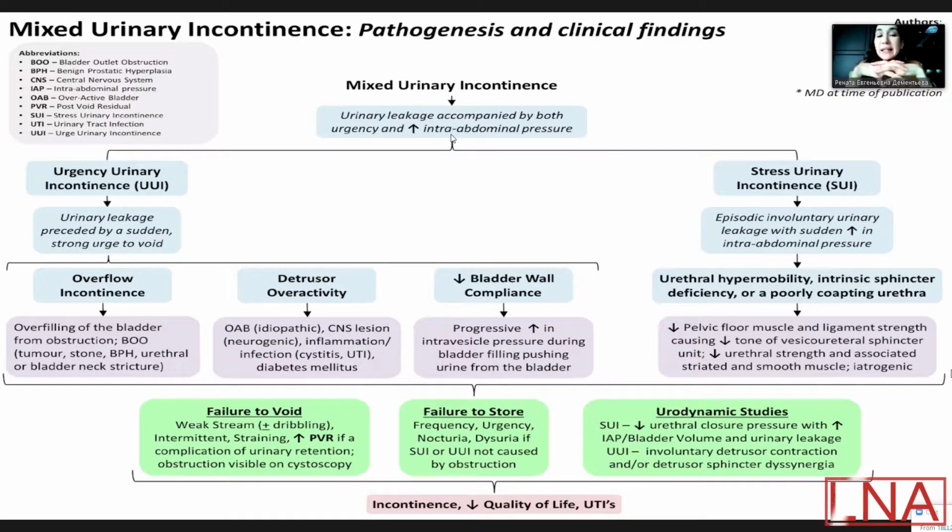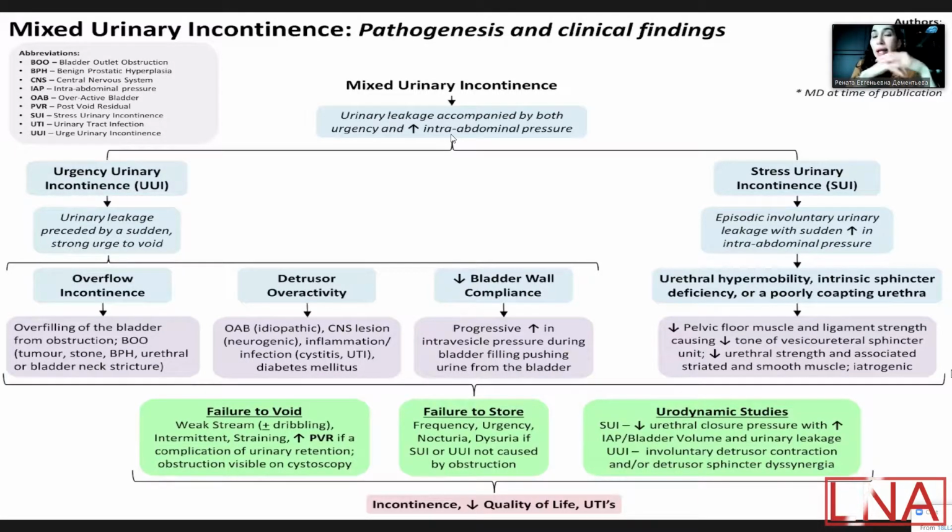Next problem, decreased bladder wall compliance: progressive increase in intravesical pressure during bladder filling, passing urine from the bladder. All these problems lead to failure to store, failure to void, and are assessed by urodynamic studies.